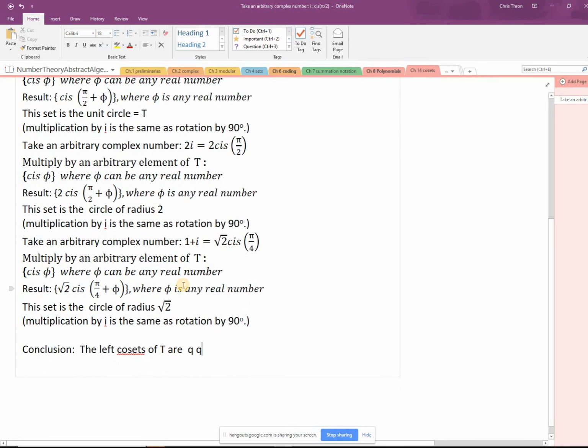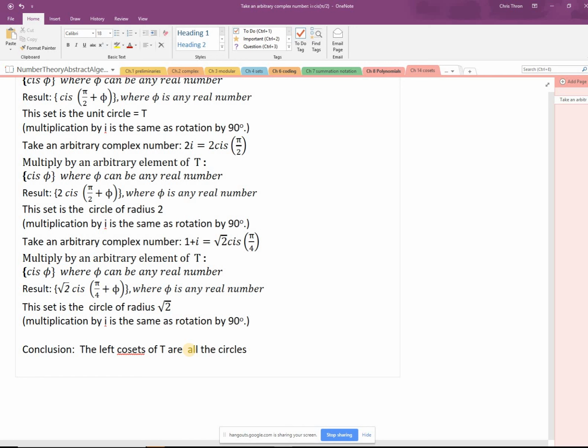All right, so I think Amanda was asking about this. But at least we can describe them first. The left cosets of T are all the circles of radius r. Well, let's see.